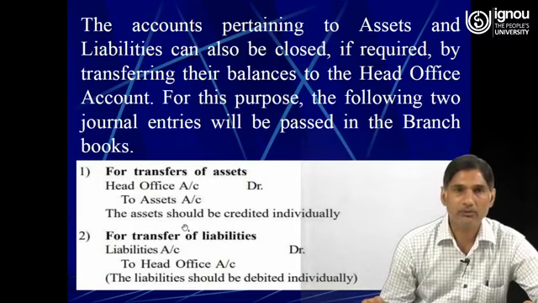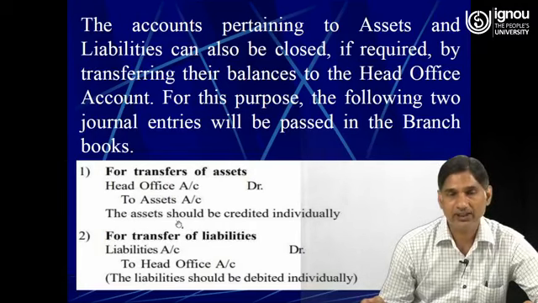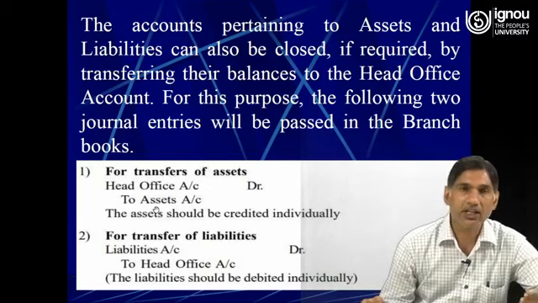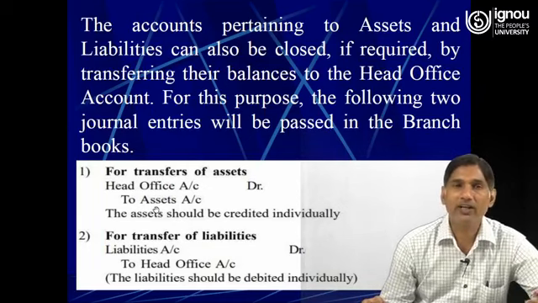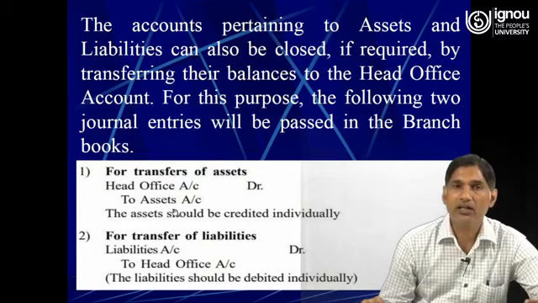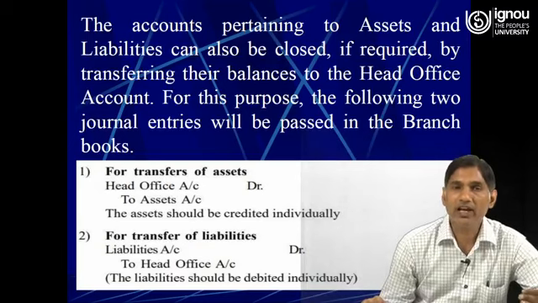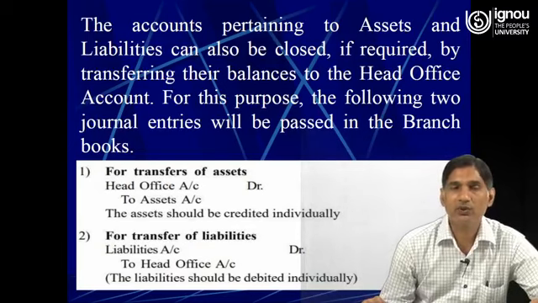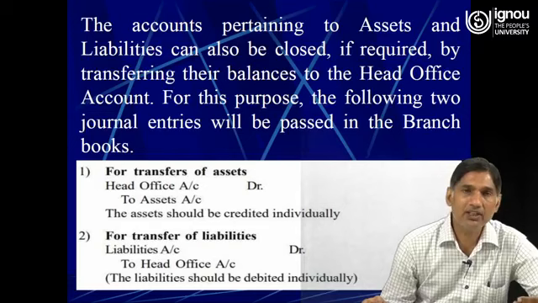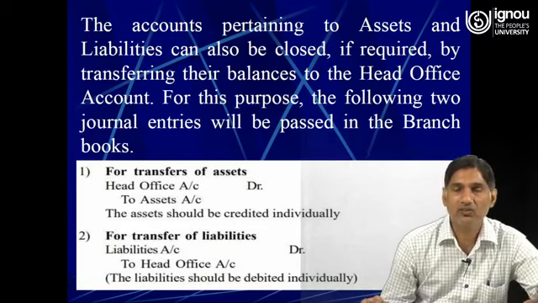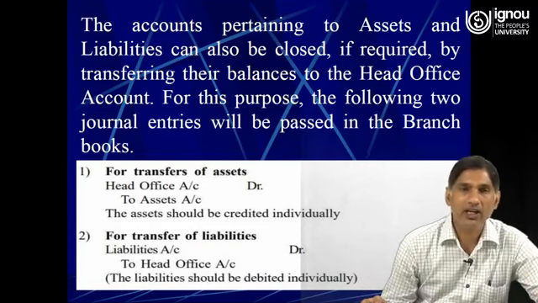The first one is for assets, Head Office Account debit to assets. Just try to understand the logic why the assets account has been credited. Very simple: these are the assets for the head office, not for the branch. So the branch is simply transferring the assets from the branch to the head office.